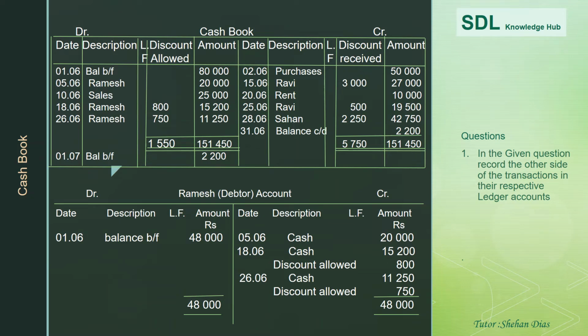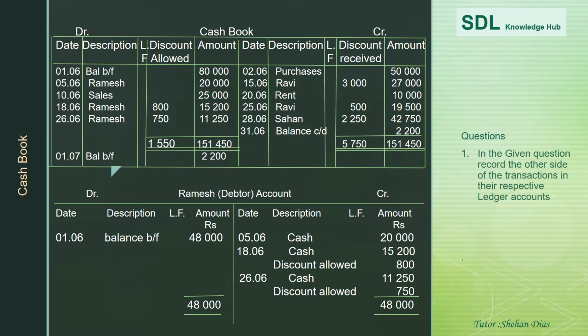First, you have to do the cash book format with the discount columns. Then in the cash book, you can record the opening cash balance on the debit side as balance brought forward 80,000. Then we can start recording the transactions.